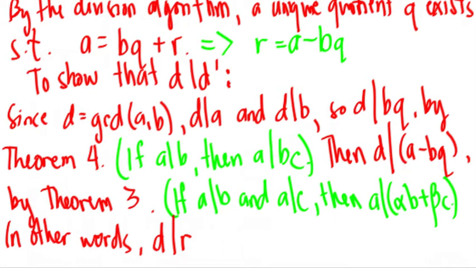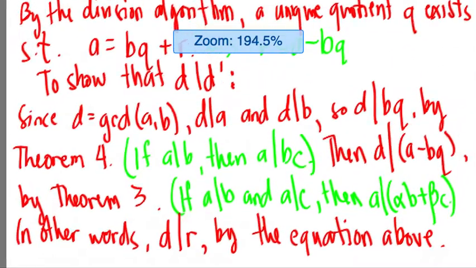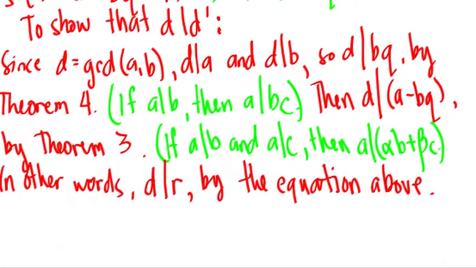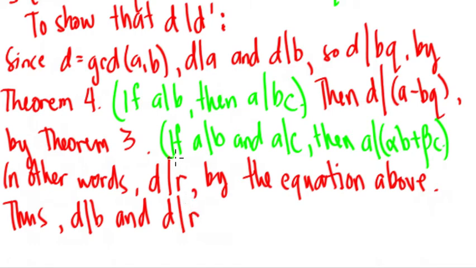Now, since D divides R by the equation above, thus D divides B and D divides R. Where can we see that?